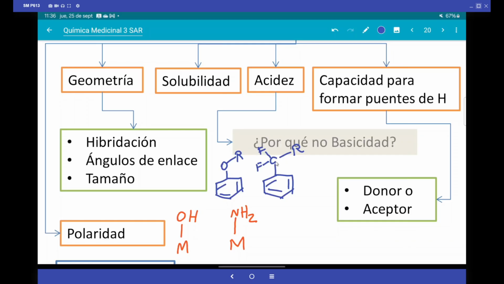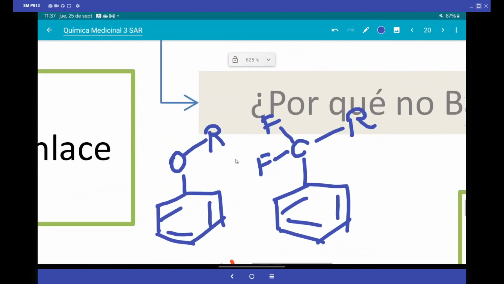And we are going to explain later that this type of substitution also imitates the behavior of the two electron pairs of oxygen, because in the case of oxygen, do not forget that it has two pairs of electrons. Exactly, and here the carbon does not have electron pairs, but instead of electron pairs, it has fluorine, which can receive two hydrogen bridges here too.